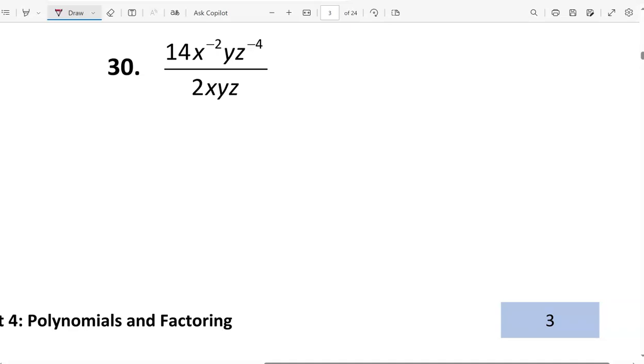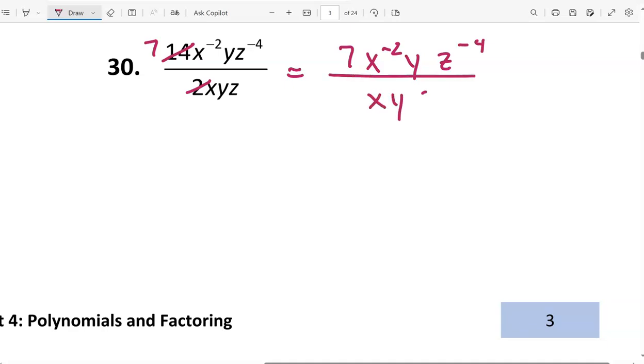For number 30, 14 divided by 2, cancel common factors, that's 7. So now we have 7 x to the negative 2 y z to the negative 4 divided by x y z. So I'm going to take any factors that have negative exponents, and I'm going to move their location.